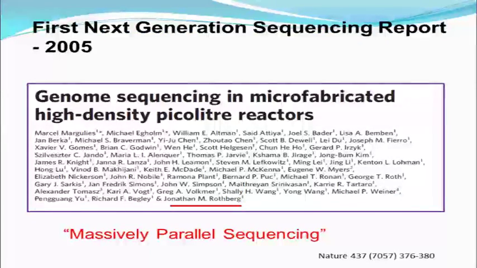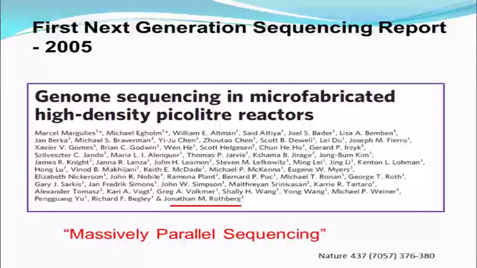Then in 2005 a new technology was developed, and the paper was published in Nature, talking about genomic sequencing in microfabricated high-density picotiter reactors. In this technology, millions of mini sequencing reactions occur at the same time.